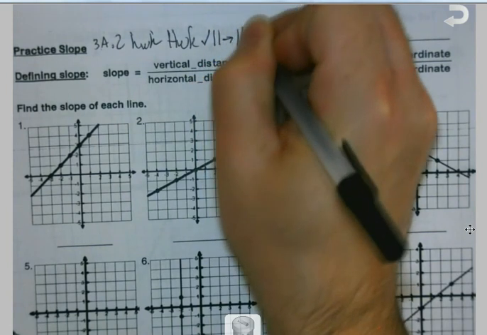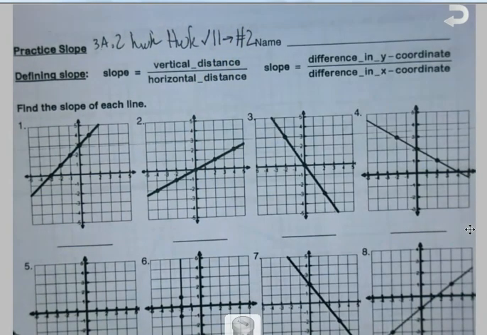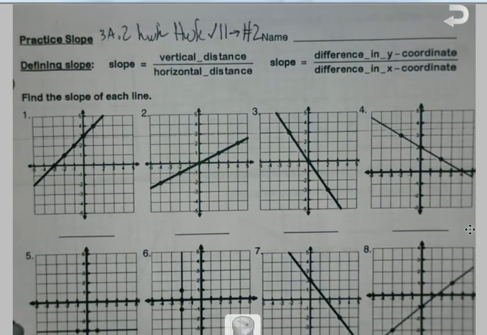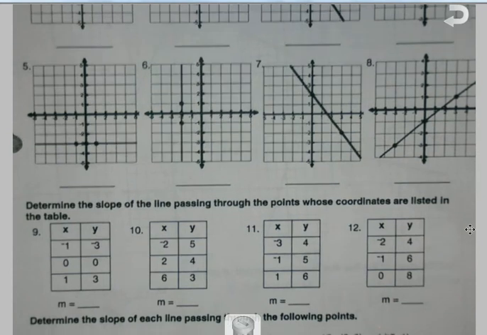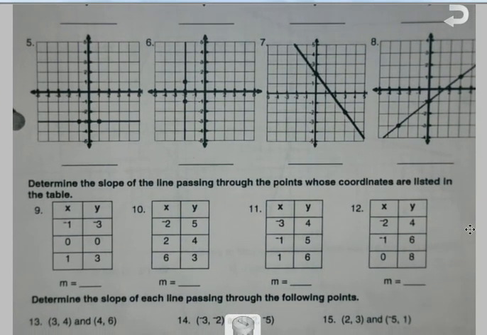So homework check 11, number 2. Okay, all you're trying to do in all of these is find the slope. Now, some of you may say, okay, 1 through 8, we got examples. I get that. But I don't remember seeing anything with a table like you have in 9 through 12, and you'd be right. So here's what that is in disguise.